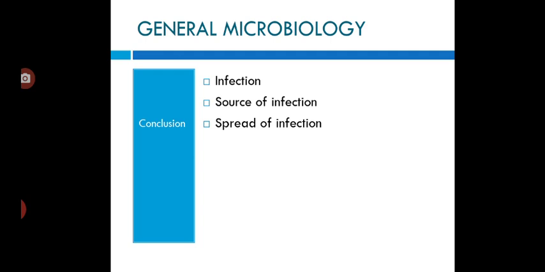All those different types of infections come from a type of source, and the sources from where each type of infection occurs are broadly classified into endogenous source and exogenous source.